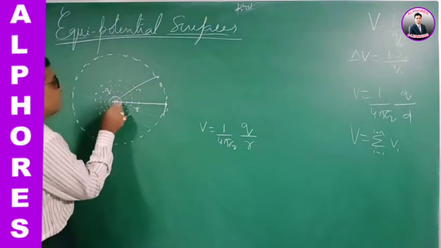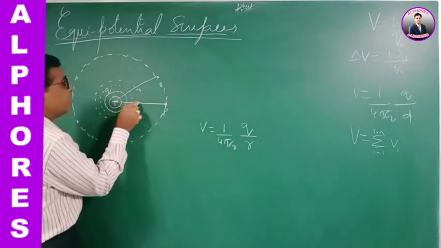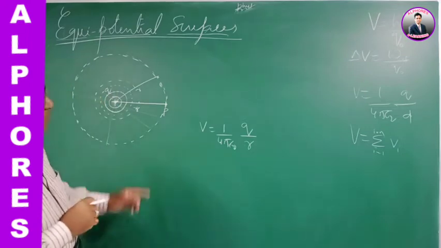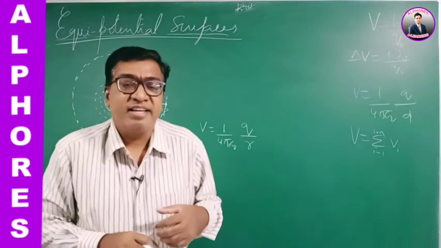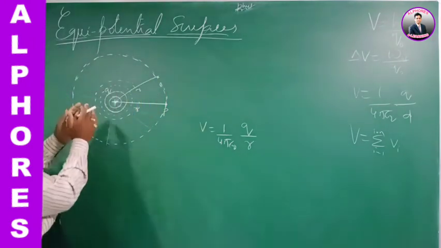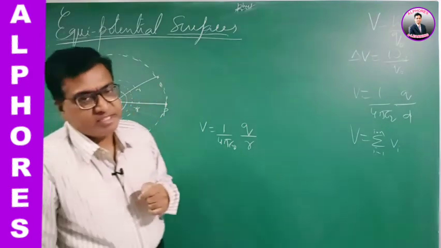This is a smaller sphere of small radius, another sphere concentric with the point charge. A family of concentric spheres around this point charge forms the equipotential surfaces.